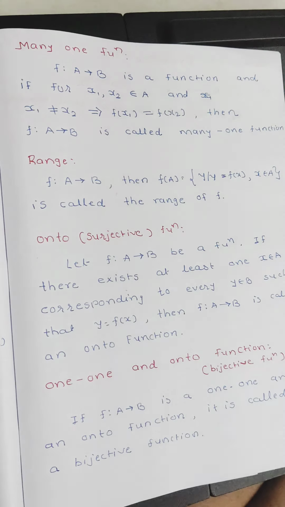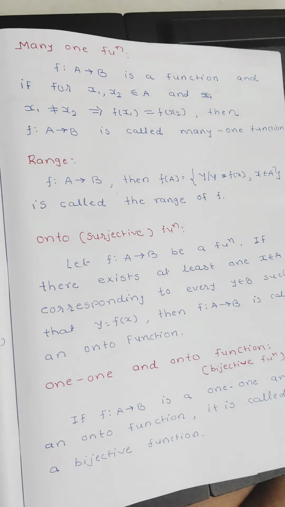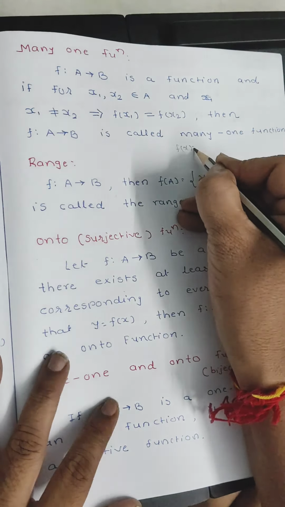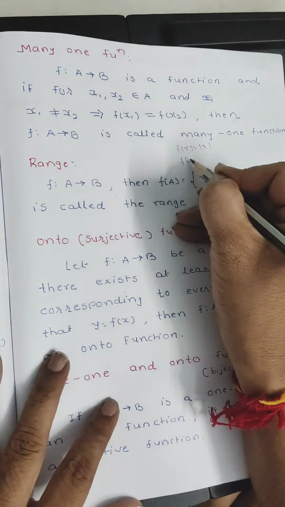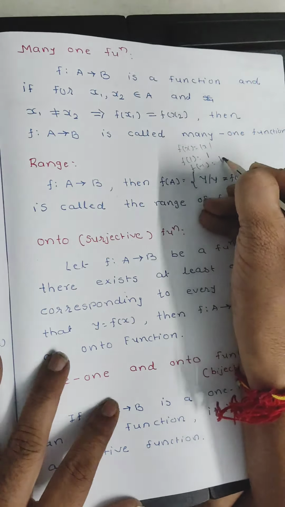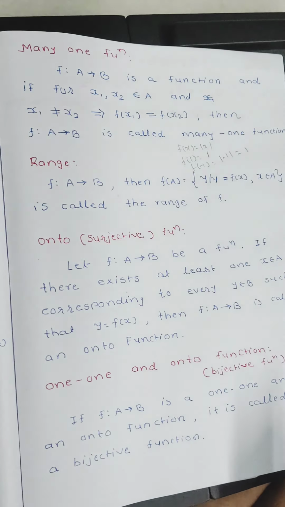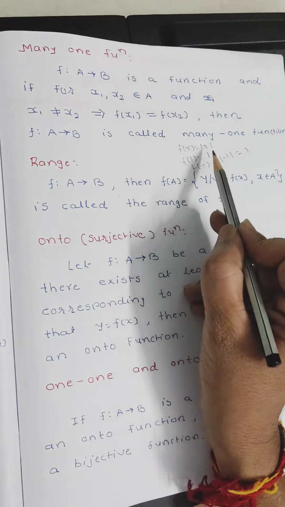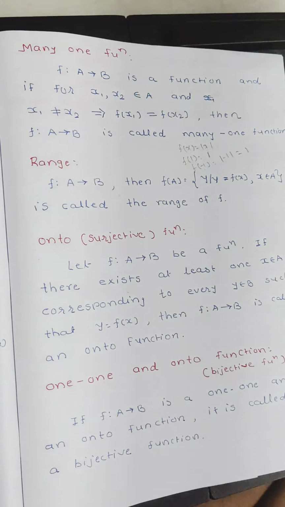If f(x) is equal to modulus x, I put 1, the answer is 1. I put -1 in modulus, also the answer is 1. x1 and x2 are different, but f(x1) is the same, 1 and 1. So that is called a many-to-one function.